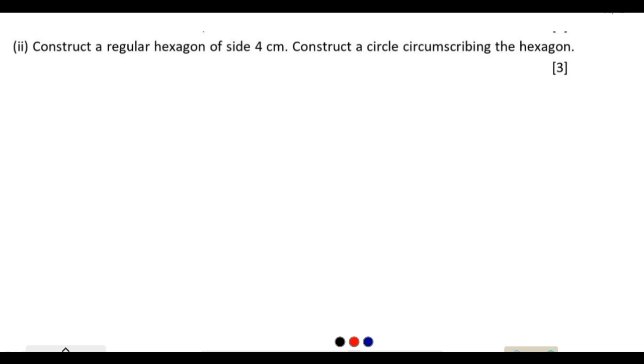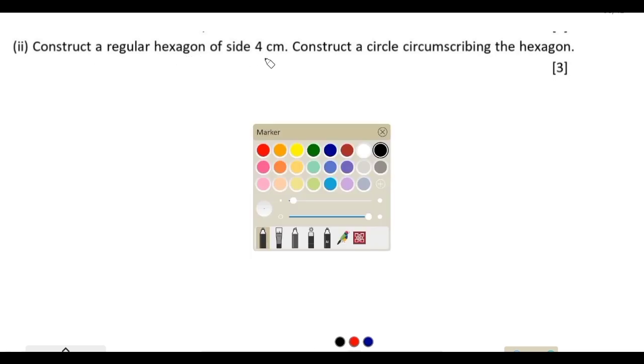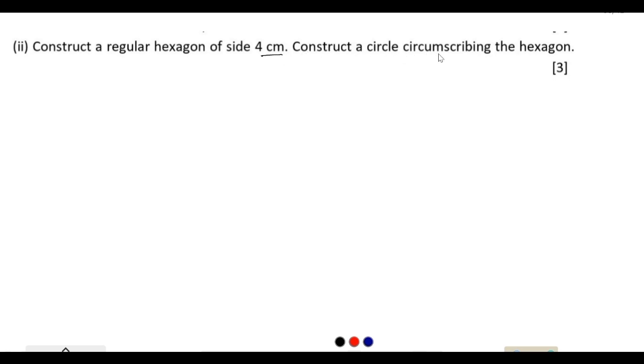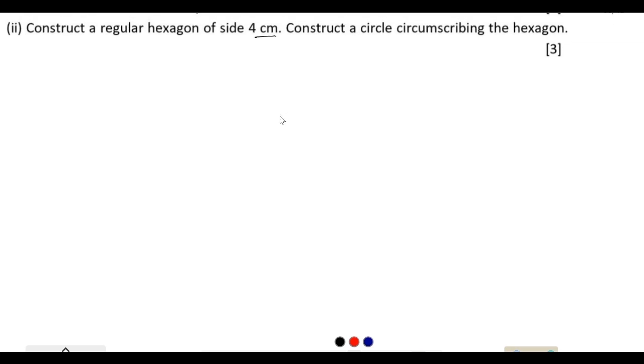Second part of this question: construct a regular hexagon of side 4 cm. Construct a circle circumscribing the hexagon. First of all, we have to construct a regular hexagon. Each interior angle of a regular hexagon is 120 degrees.